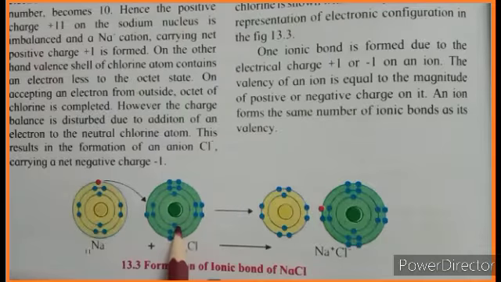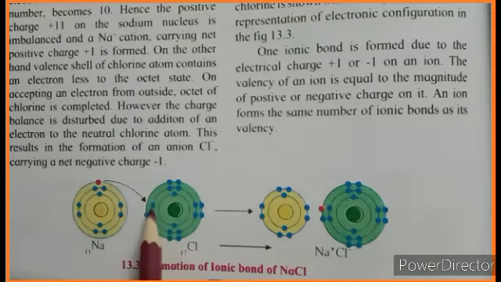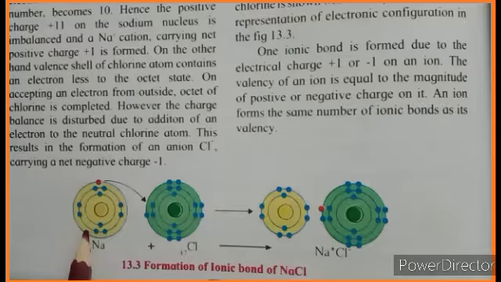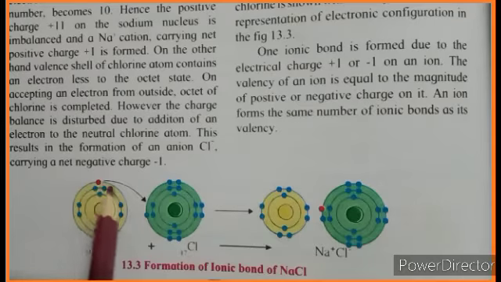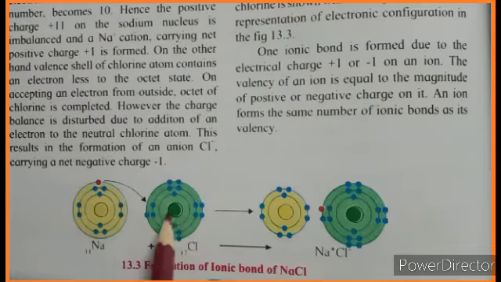This is chlorine atom, and in this atom there are 17 electrons. The outermost shell of this chlorine atom show presence of 7 electrons. Means the valency of sodium is 1 and that of chlorine is also 1. If sodium gives this 1 electron to chlorine, then what will happen?